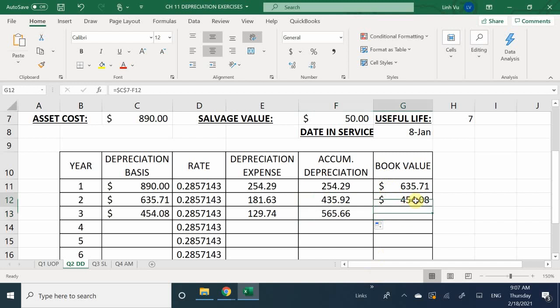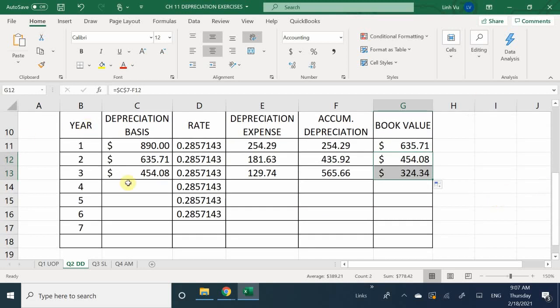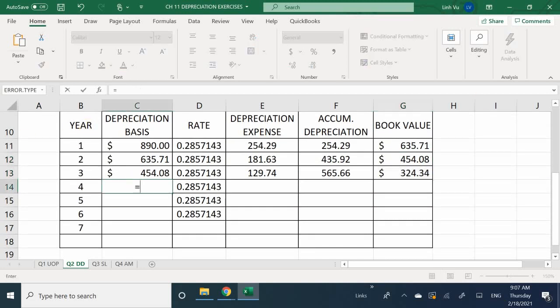Making my book value 324.34. Good. That makes my book value for year 4.